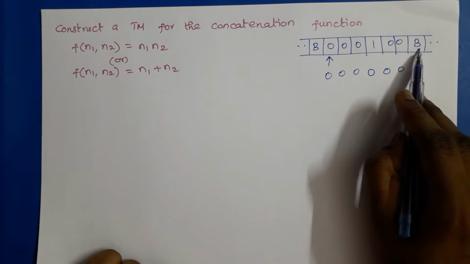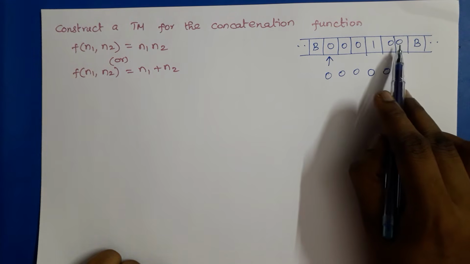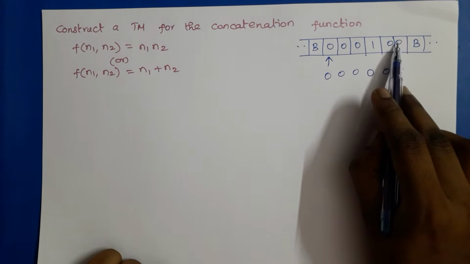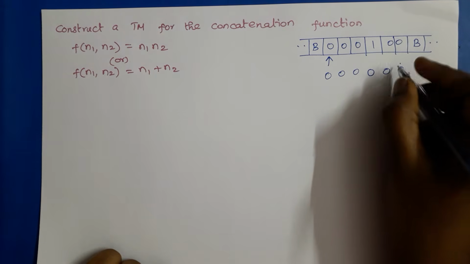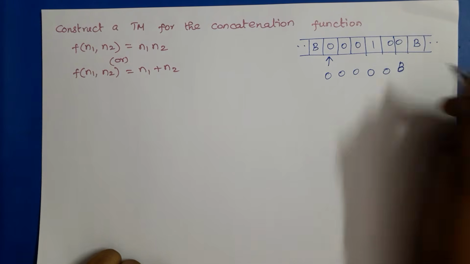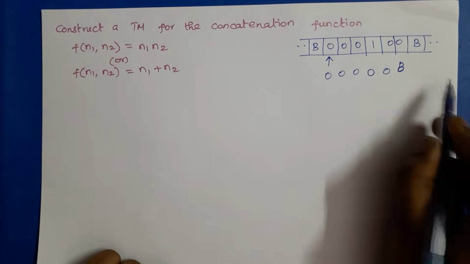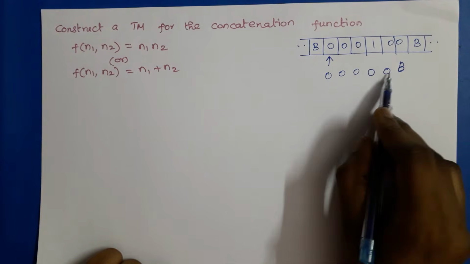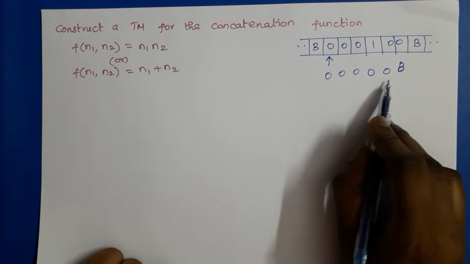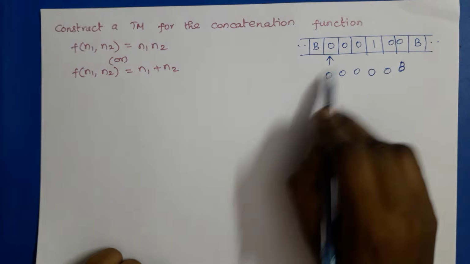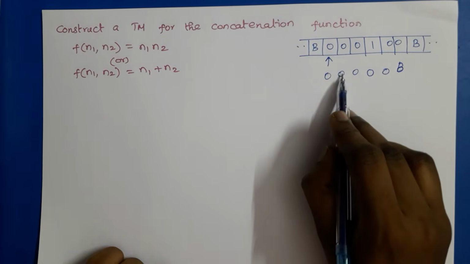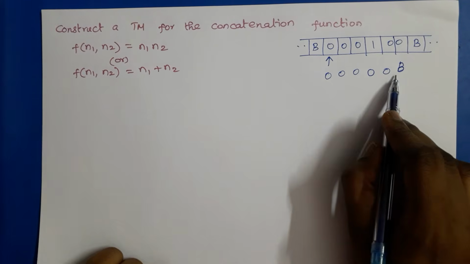So whenever we reach blank, we have to move to the left side, and the last 0 should be replaced by blank. Then we can enter the final state. So now the tape has 5 zeros. The concatenation operation is performed here: n1 number of zeros concatenated with n2 number of zeros.